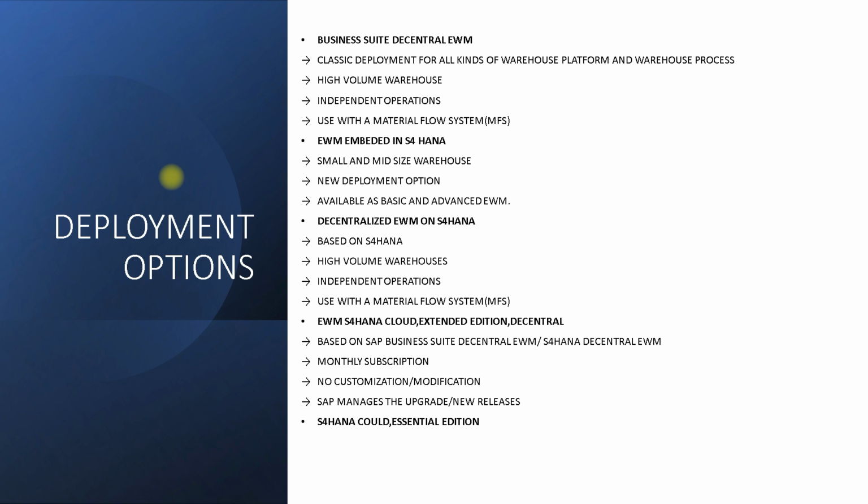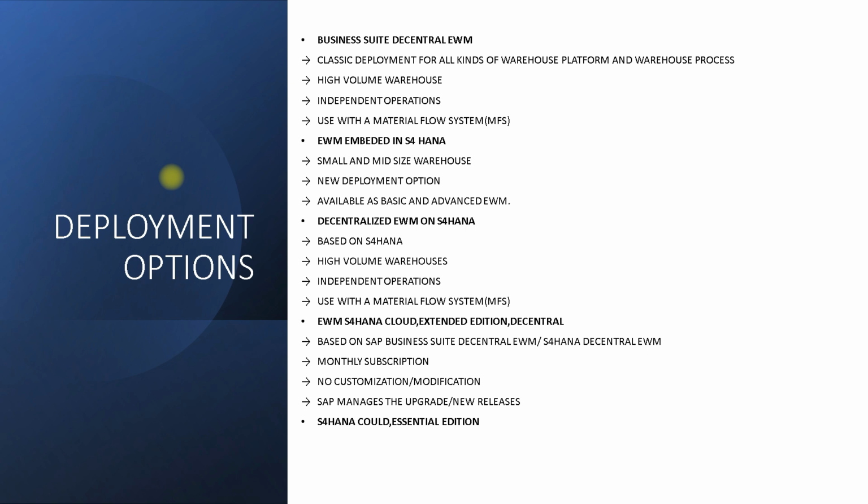Now let's understand what options are available for the deployment scenario. We have seen the development of EWM scenario, but let's understand what the deployment scenario of SAP EWM is. SAP EWM can be deployed as a business suite decentral EWM.